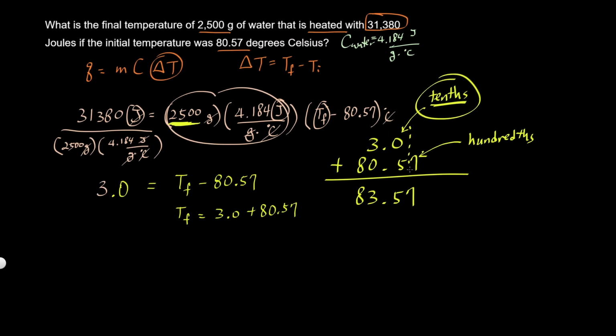You still have to look at the next digit: 7 is greater than or equal to 5, so you round up. So T final is not 83.57, you round it up to 83.6, and the unit is degrees Celsius. So that should be the answer for the first one.